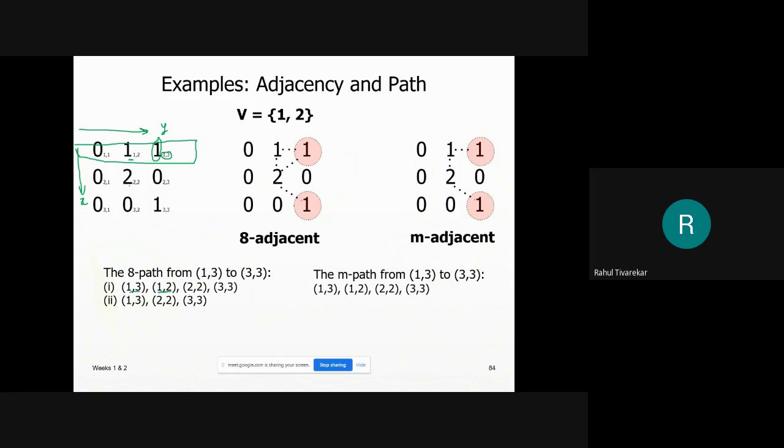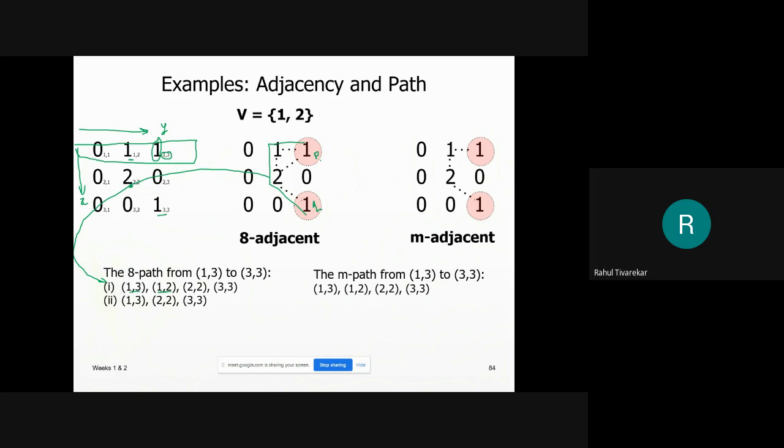Then 2 2, that is this pixel, and 3 3, that is this pixel. So I am talking about this path. This path has been written 1 3, 1 2, 2 2 and 3 3. So they are considering that this is a pixel P and this is a pixel Q, and they are lining a path between P and Q.